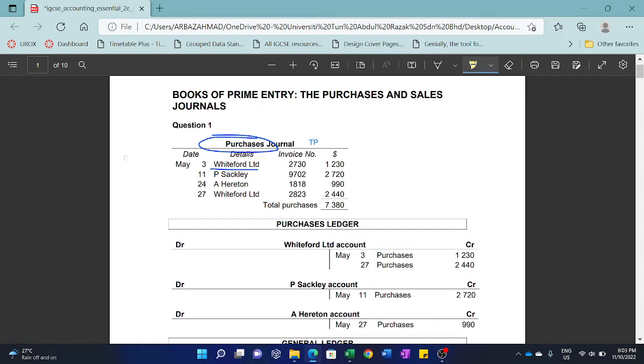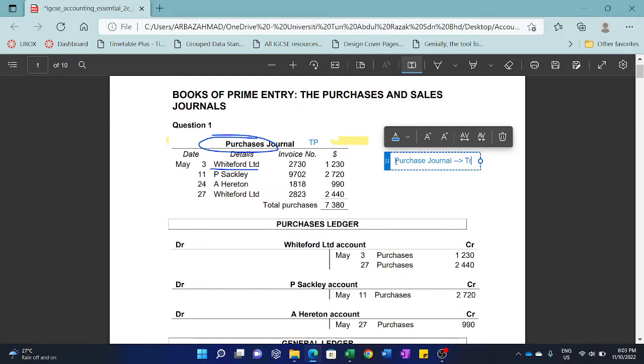If you notice, there is no debit and there is no credit, and this is just one side because this is a purchase journal and it's equivalent to trade payable. And what we do here is only one entry, and then we have to transfer it to the ledger after we finish.